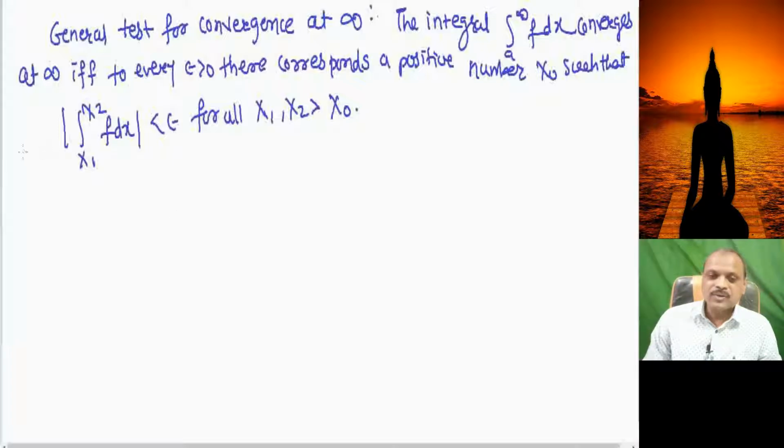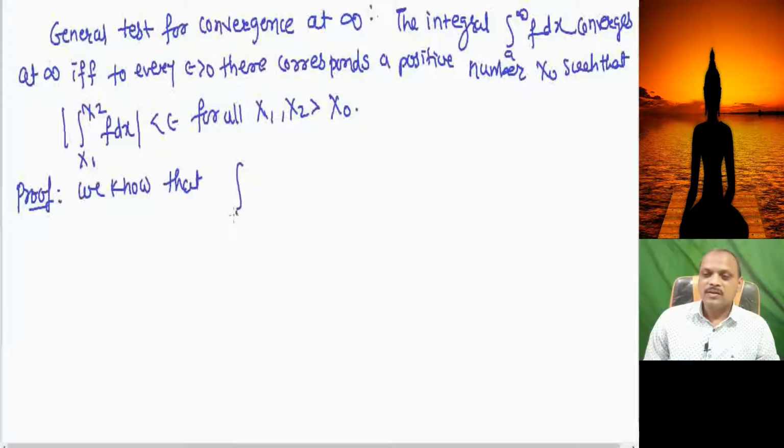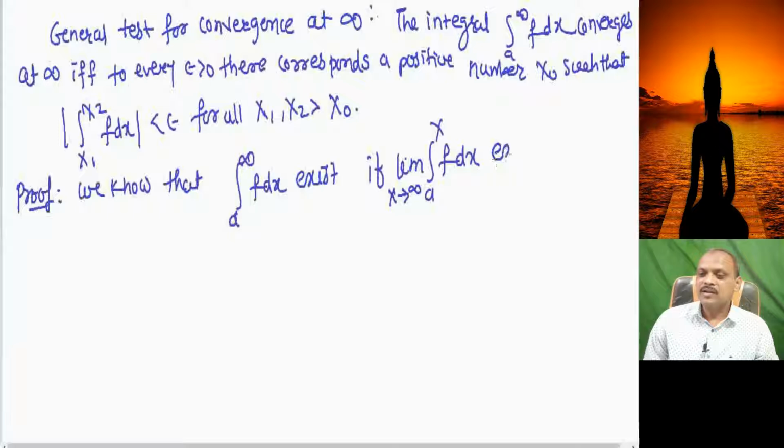So friends, let us prove this. We know that the integral a to infinity f dx exists if the limit of the integration of f between the limits a to capital X, as X tends to infinity, exists.